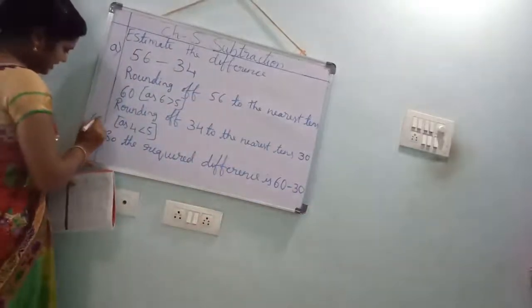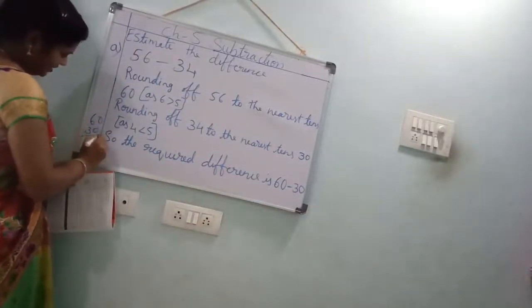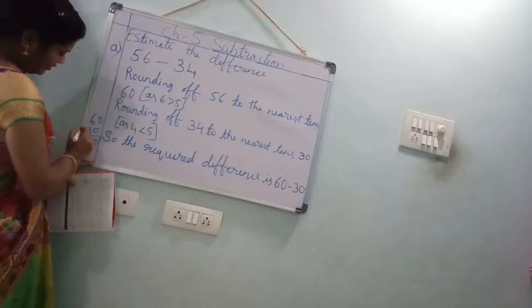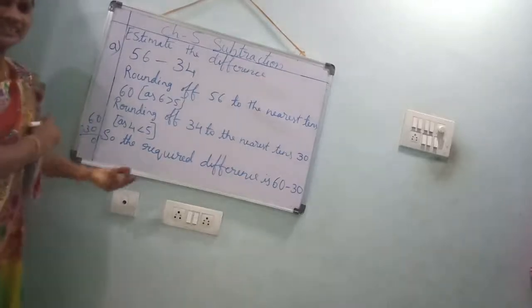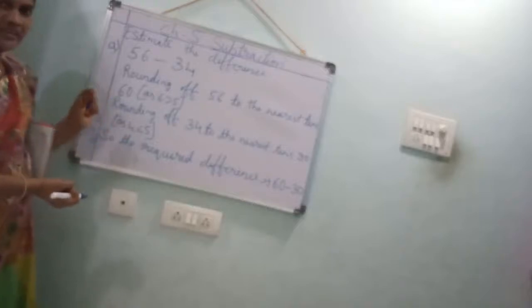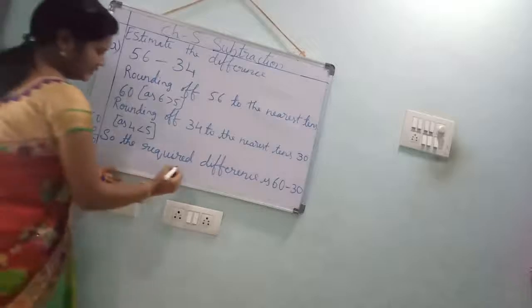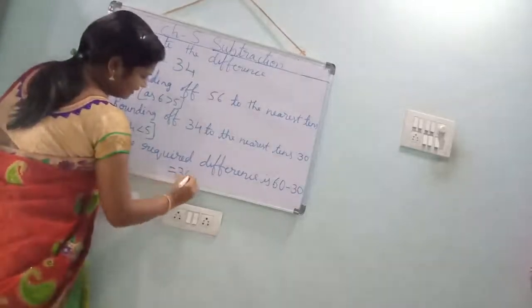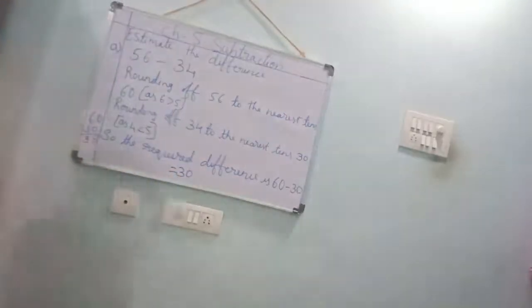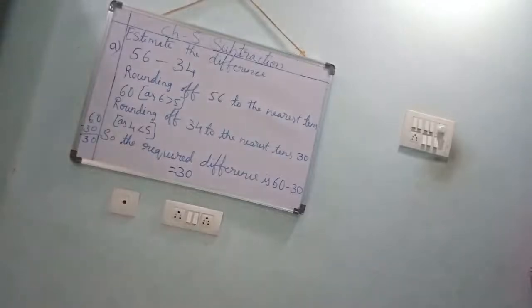See, 60 minus 30. 0 minus 0, 0. 6 minus 3. 6 fingers open, 3 fingers cut. Remaining how many? 3. What is that? 30. 30 is the remaining. Understood children? Copy in the classwork.